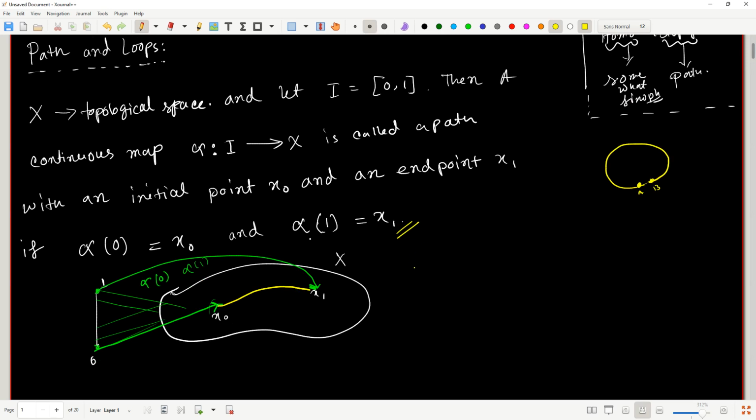The only modification that the definition of loop will need is that alpha of 0 and alpha of 1 are both equal to x0. That means you are starting from x0. Let us use the red color to denote a loop, and you're coming back to x0 as well. So 0 maps to this point and 1 maps to this point as well, and this is what a loop is. Okay, now these are the very basic definitions of path and loops on a topological space.